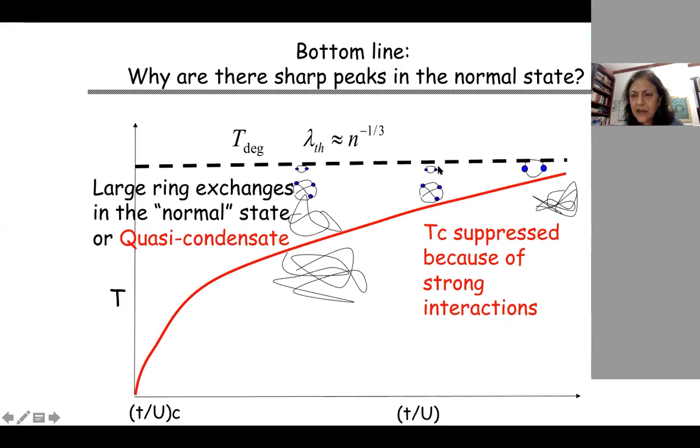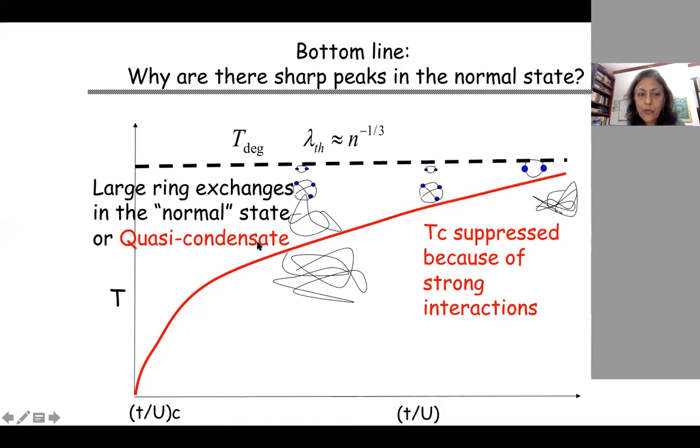But look at these little cartoons here. It's basically showing that these bosons are all indistinguishable, which means I can exchange a path for boson 1 with boson 2. Bosons 1, 2, 3, 4 could undergo a cyclical exchange. That's like 4 particles. In the true condensate, all the ring exchanges on length scales of all the particles are occurring.